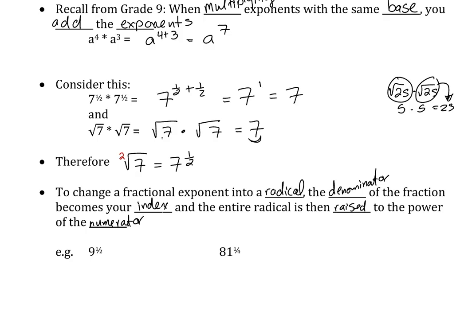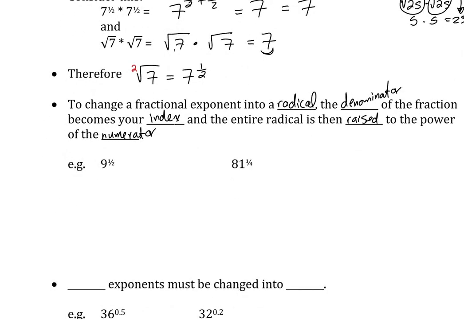The index is 2. So, for example, I'm going to say that 9 to the power of 1/2 is going to be the same thing as the square root of 9, or the radical with an index of 2 raised to the power of 1.